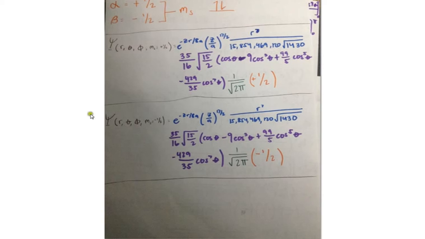The other one's just the same, but instead of multiplying by positive 1/2, we multiply by the value of beta, which is negative 1/2. In this equation, the only difference is the positive 1/2 and the negative 1/2. Since I only got the m, which is equal to 0.